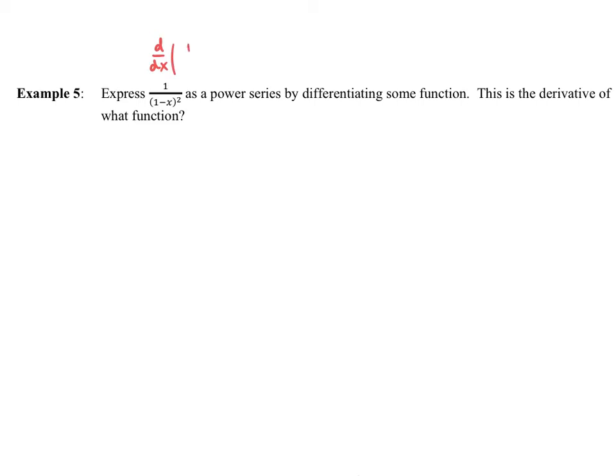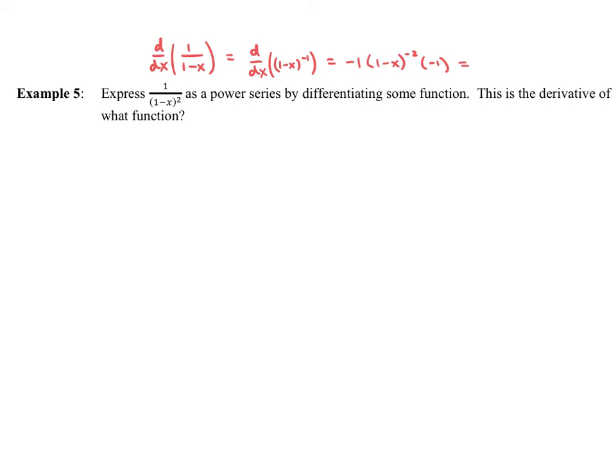If we were to take the derivative of the series that we know, keep in mind that that's the same thing as 1 minus x to the negative first. So if we were to take the power rule here, we'd bring the power down, we would decrease the power by 1, we'd multiply by negative 1 because of the chain rule, because remember on the inside the derivative is negative 1.